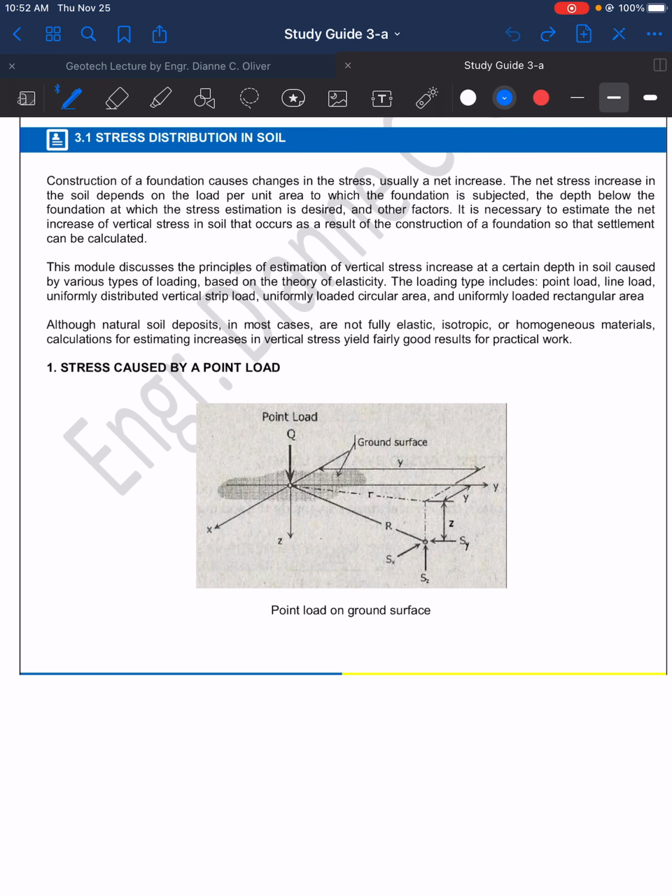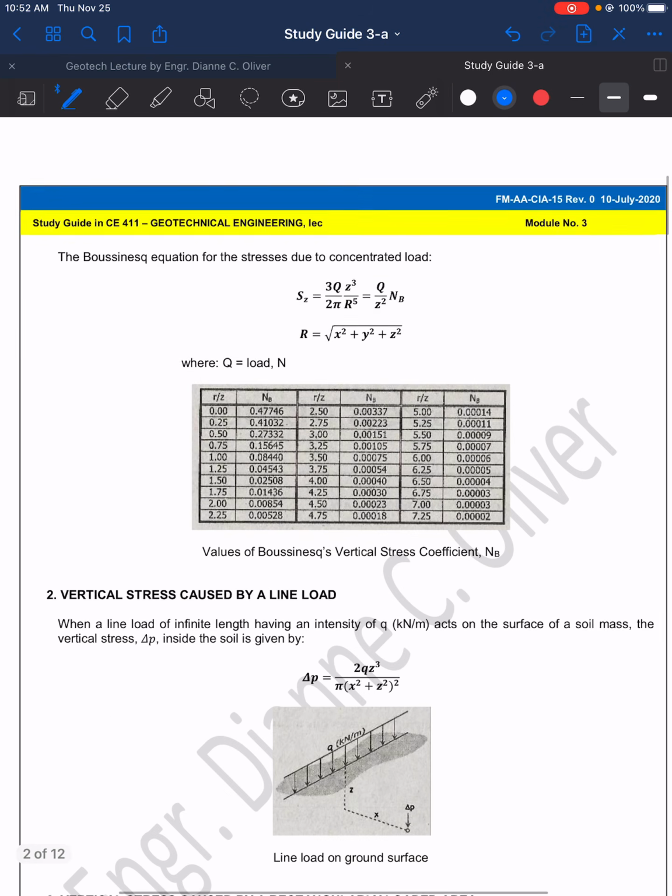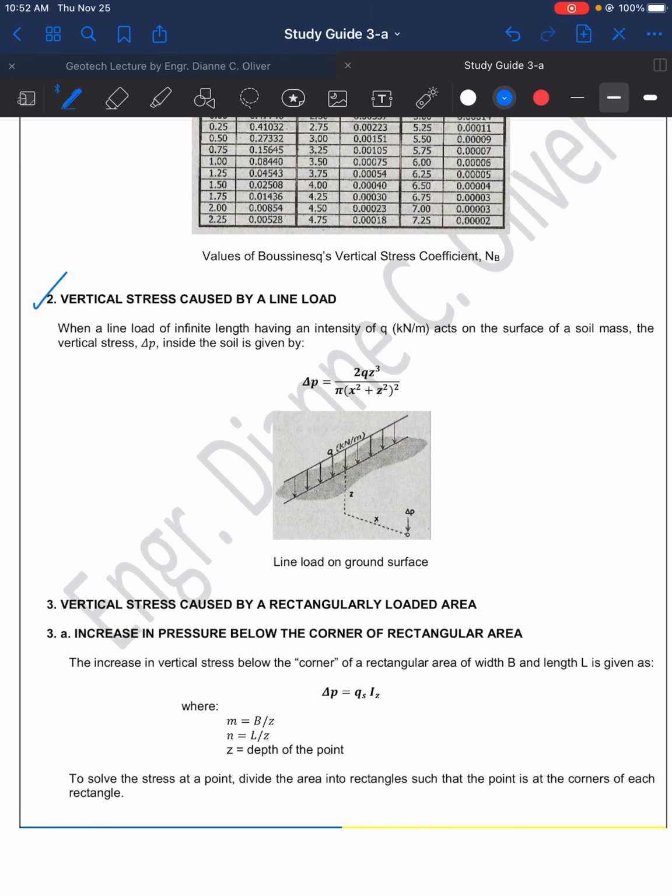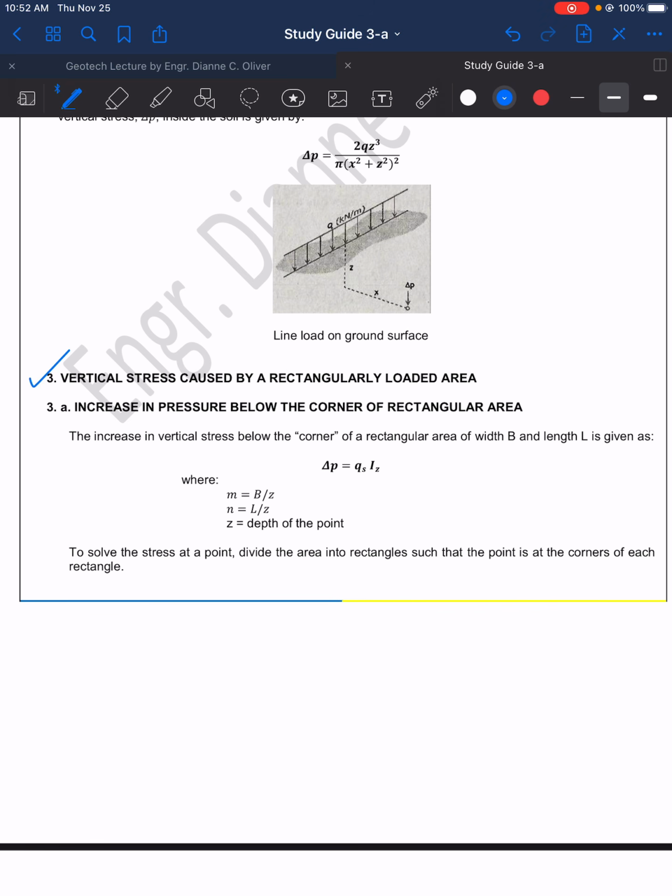The first one is the stress caused by a point load. The second one is the vertical stress caused by a line load. The third one has two cases, because it is the vertical stress caused by a rectangularly loaded area.